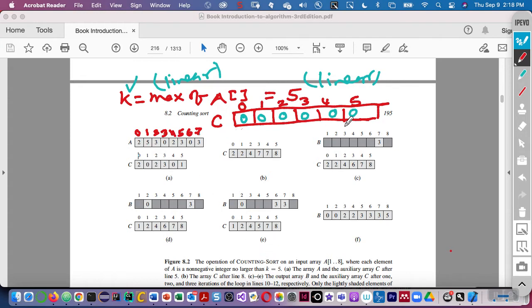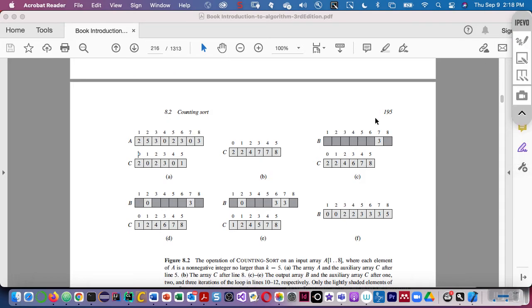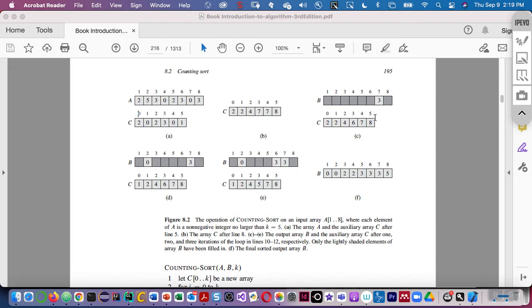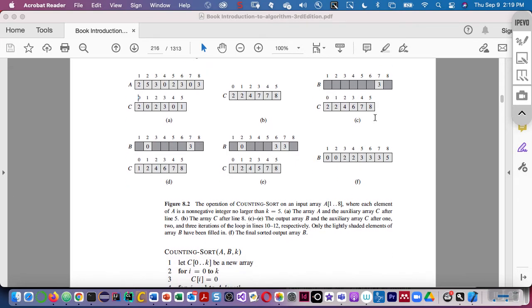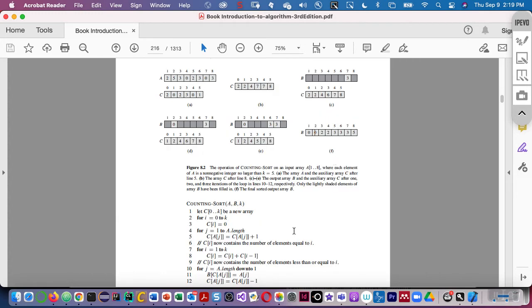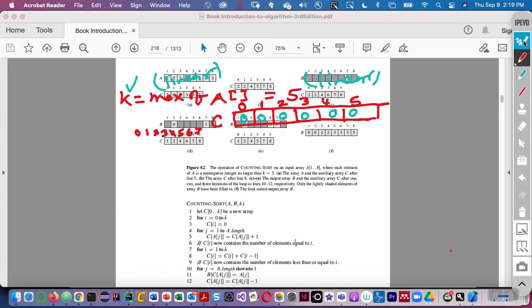This is the initialization. Okay, I'm sorry, I'm messing up because if I keep this here, that will be a problem.